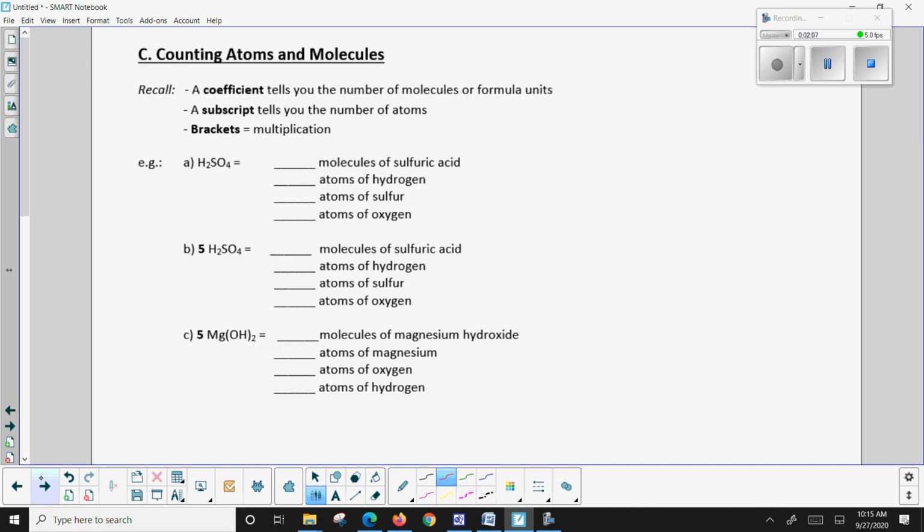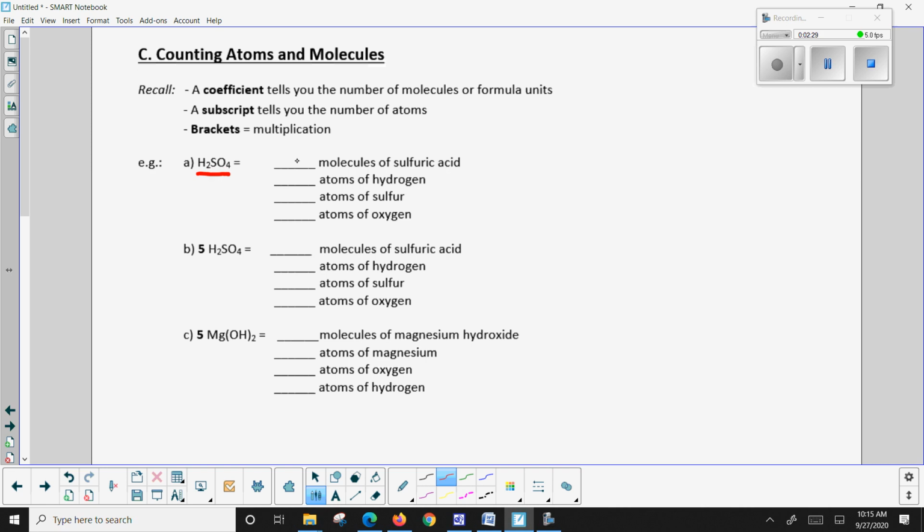So how do we go about balancing? Well, one of the first things you have to do is you have to be able to properly count atoms and molecules. So basically, the way we look at this is we're going to be looking at this example here. I've got here sulfuric acid. And sulfuric acid, let's look at this.